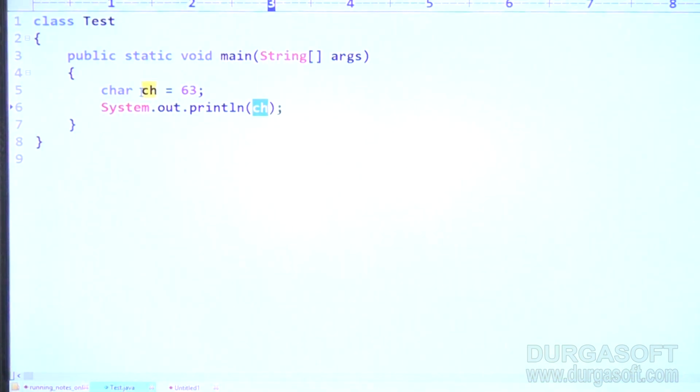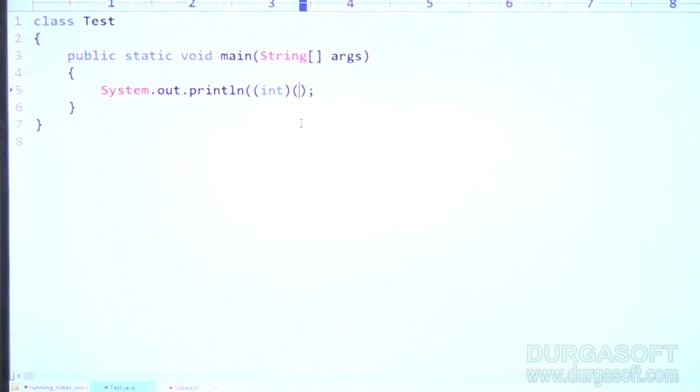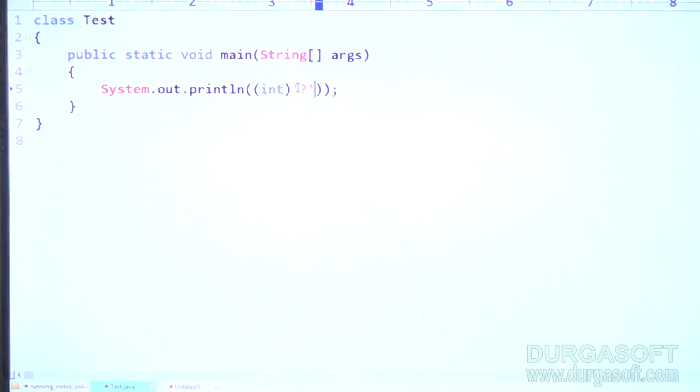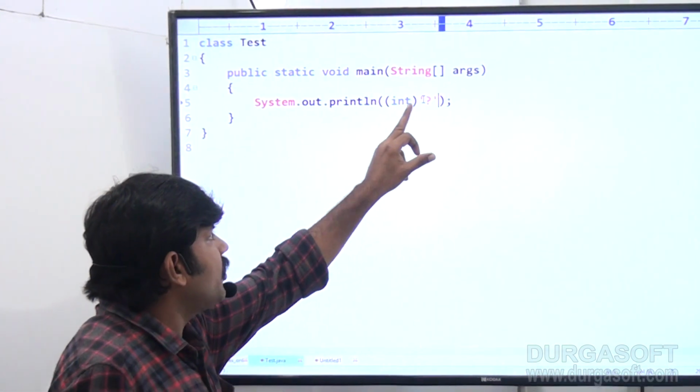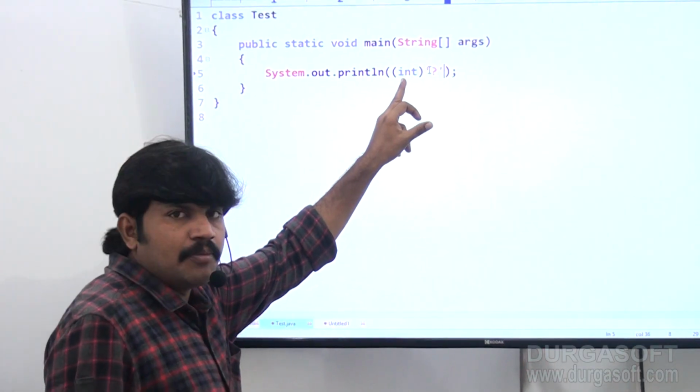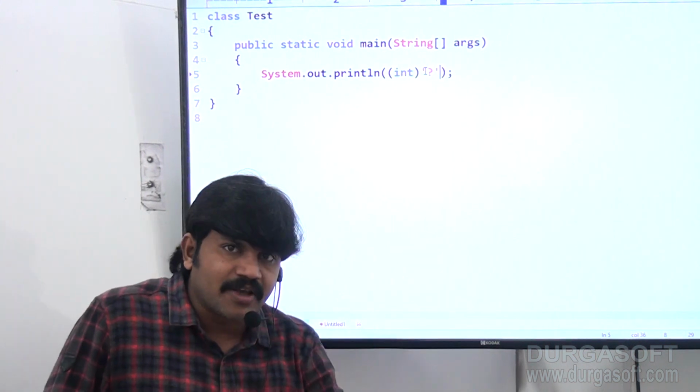Sir, I'm not sure. Can you please show it in another way? Sir, very simple. I'm taking int, and the question mark symbol I'm taking. Can you please observe what I am doing? This question mark, I typecast to int type and print that int value.